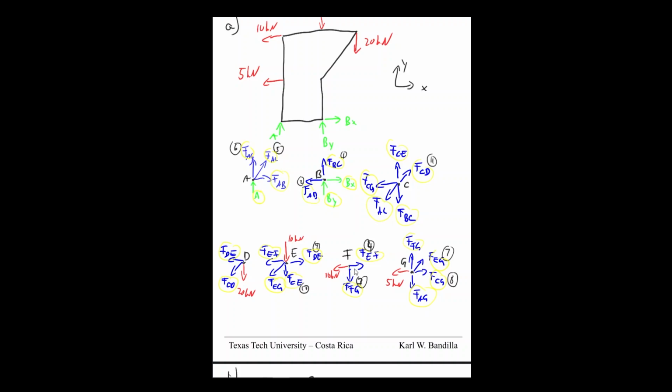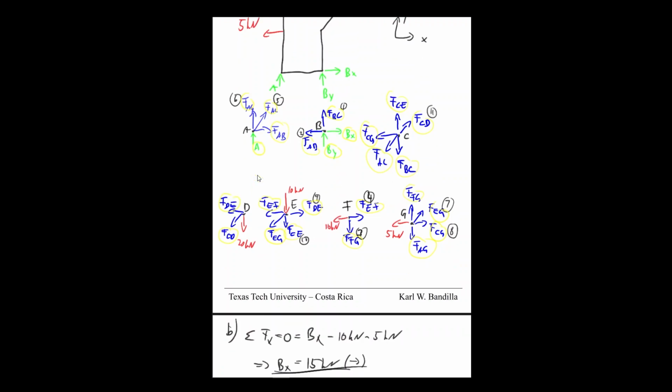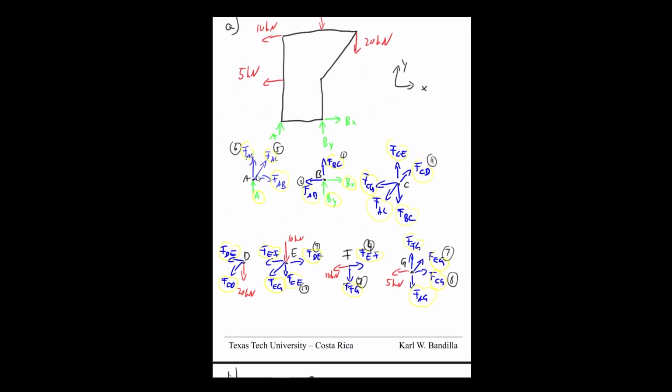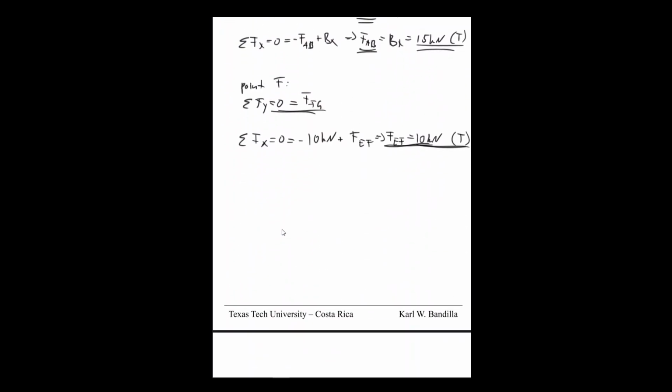Got those two. Where's my 5? My 5 is here at point A. And which one am I going to do first? I'm going to have to look at the x direction first so that AG doesn't have an impact. So that was point A. Sum of forces in the x direction equals 0.